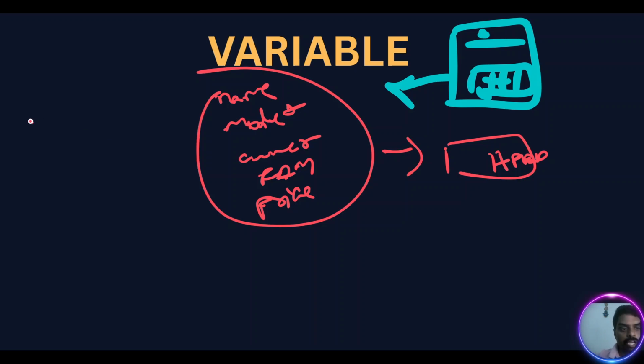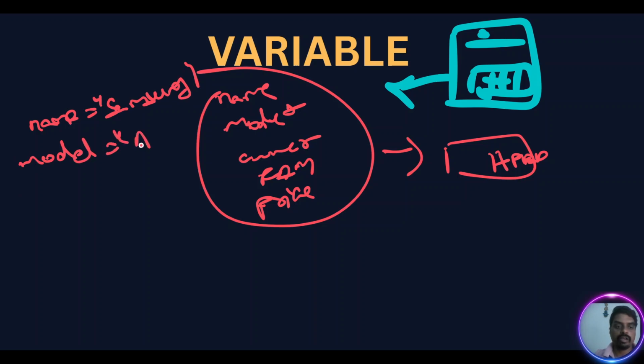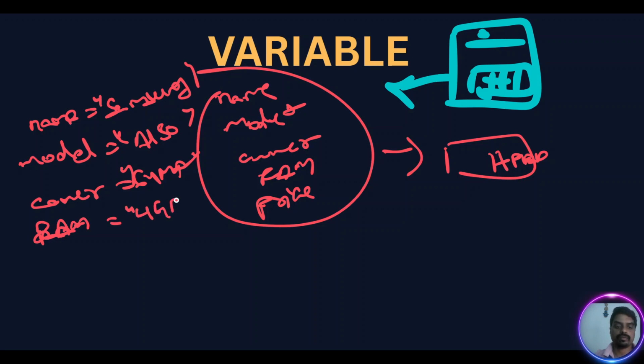Let's see. name equal to Samsung. model equal to A150 or something. camera 64 megapixel, ram 4 GB, price some 29,000.